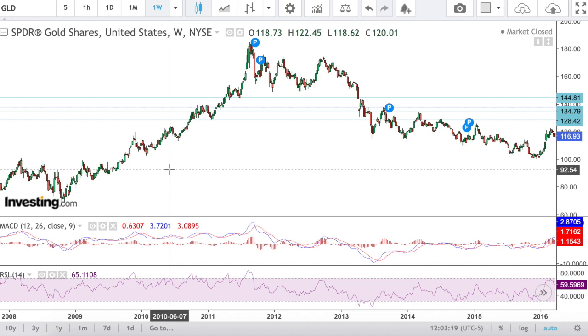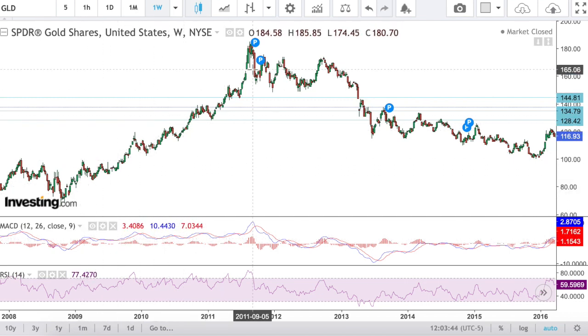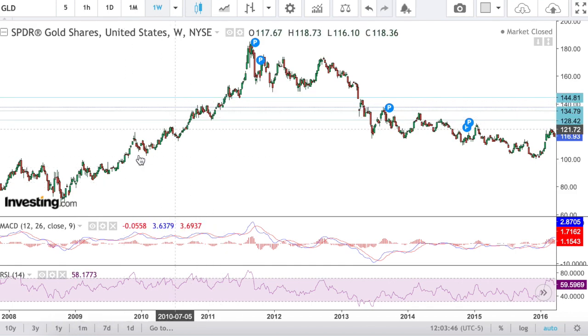Now, one thing that is very interesting about the MACD right now is the fact that you look at this bull market and you can see that the MACD was reversing off around this value, around the 2.3 level on the MACD. You can see it was bouncing up and down, hovering above that level, and this is what dictated the momentum of the bull market throughout these couple of years.